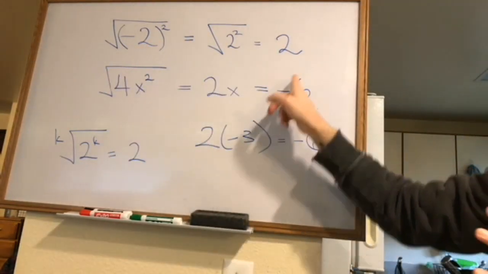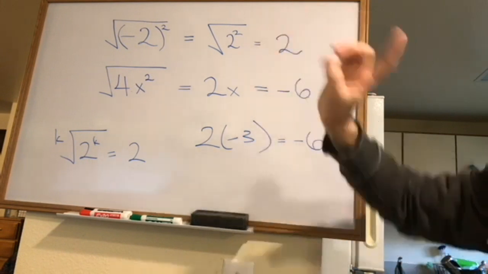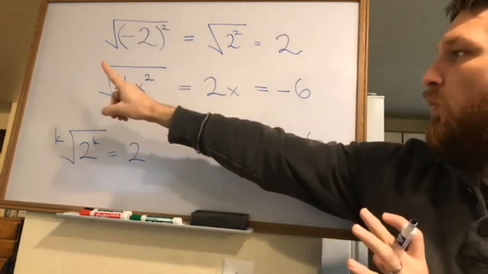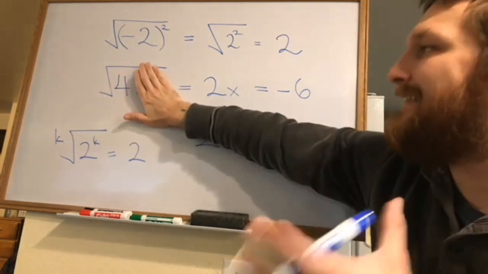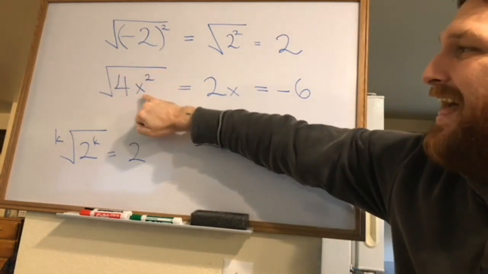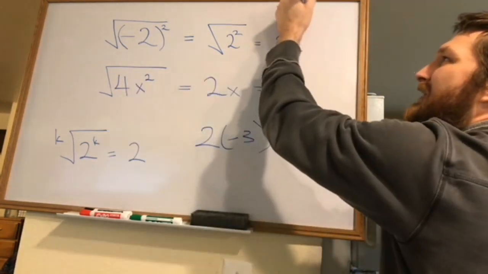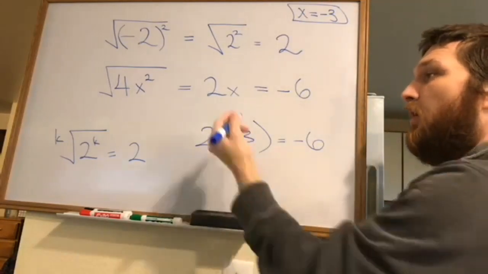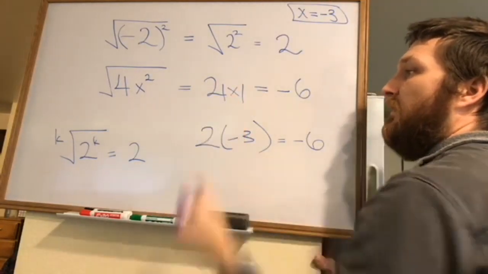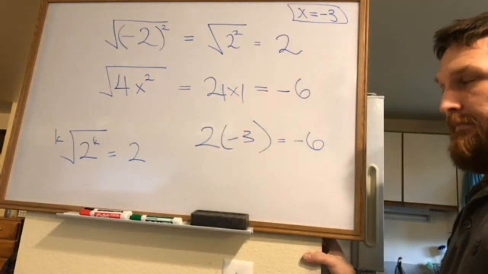And so what we have to do here is say, well, we have no problem with the 4. We could see that the 4 itself is a positive number. But the x, like I said earlier, might be a negative number. And so we have to say absolute value of that guy.